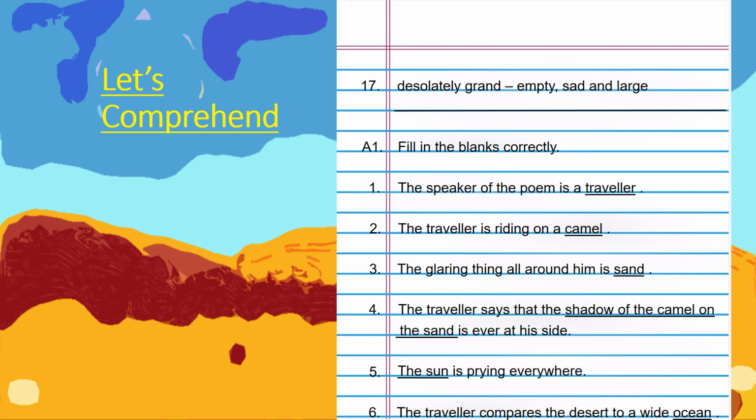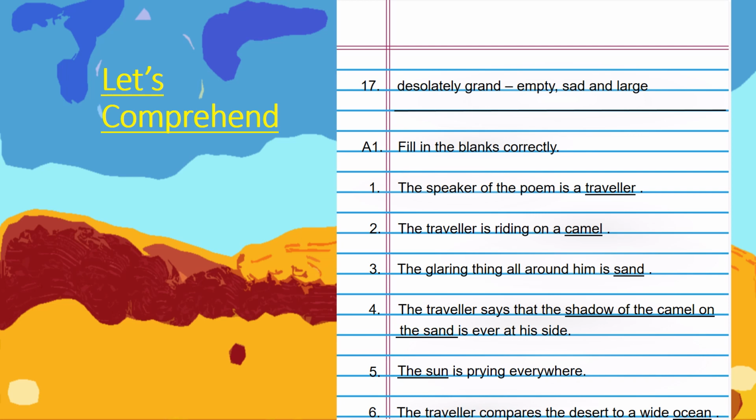The traveler says that the shadow of the camel on the sand is ever at his side. Now this blank is like a phrase, so you will have to underline the whole phrase: shadow of the camel on the sand.